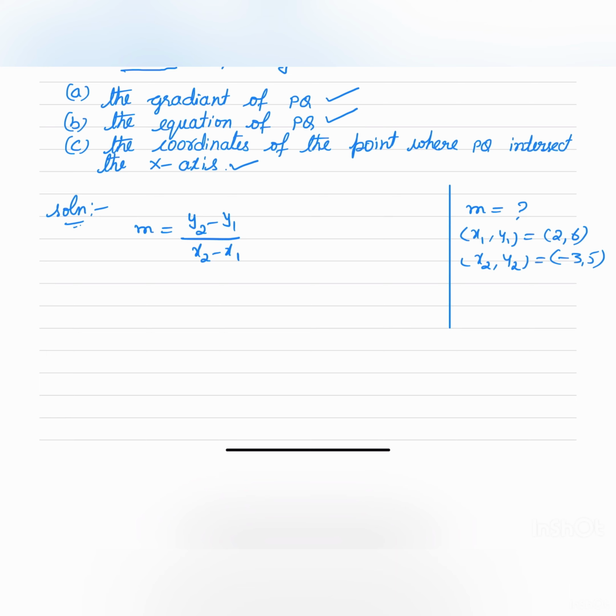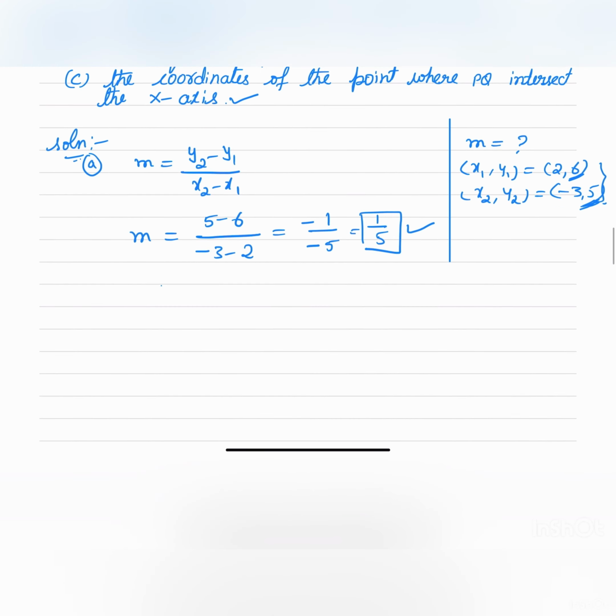When we do not have the inclination or the angle, but we have the points, then this is the formula to find the slope. So it is 5 minus 6 divided by minus 3 minus 2, that is equal to minus 1 by minus 5, that is 1 by 5. This is the slope, m is equal to 1 by 5. So the first one we got, that is the gradient.